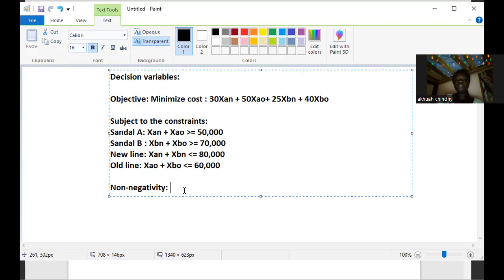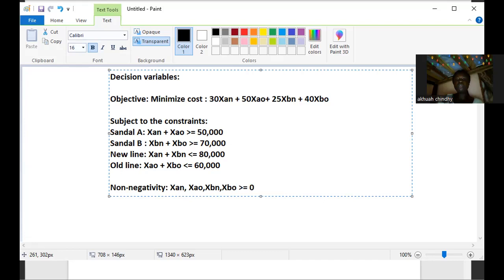So the non-negativity constraint is telling us that X, the quantity produced for A on the new line, the quantity produced for A on the old line, the quantity produced for B on the new line, and the quantity produced for B on the old line should be greater than or equal to 0.